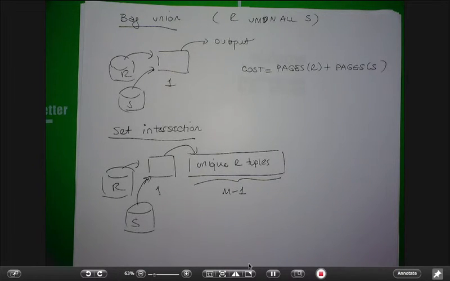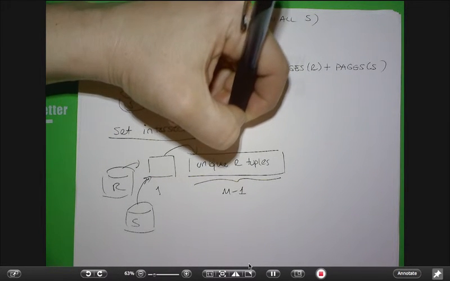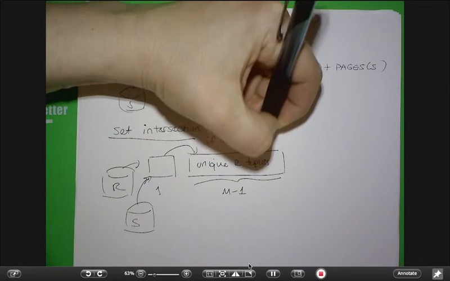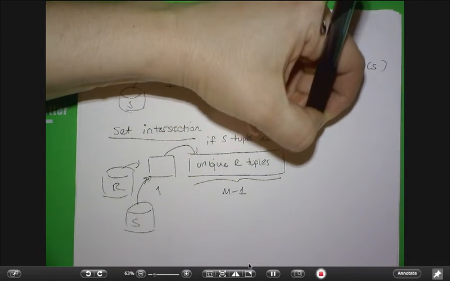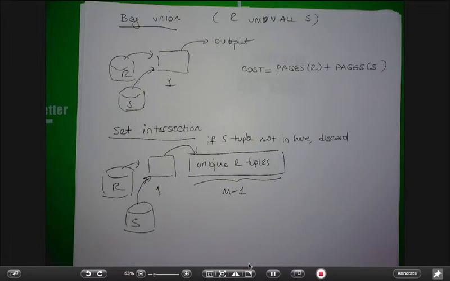So if the S tuple is not in here, then discard. If it is in here, I'm going to mark it, okay? But actually, not only can I mark it, I can output it, because as soon as I find a tuple in the intersection, I output it. If I see the same tuple again, I will just not output it, but that's okay because this is set intersection.